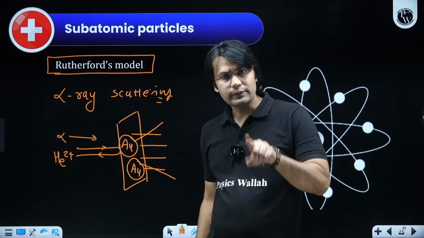Similarly, 1 by lambda 2 will be R, Z square is 1, and 16 and 36, let it be 16 into 36. In the numerator it will be 36 minus 16 which is 20, correct? So from here lambda 2 you can get as 16 into 36 upon 20R.